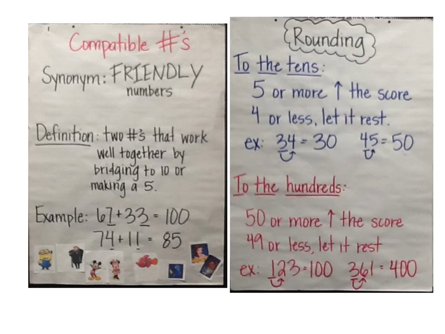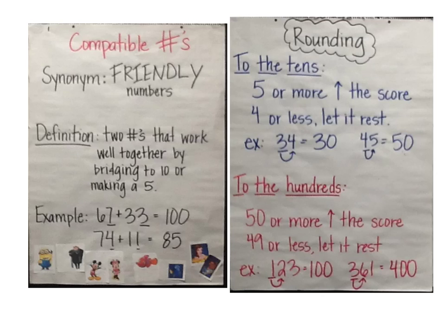So in our examples, 34, I would look to the ones place, and since that's a 4 or less, I'm going to let my tens value rest at 30. 45 is hard because it comes exactly in the middle of 40 and 50, so you really need to rely on your rule that since there's a 5 or more in my ones place, you'd raise the score to the next tens place, which would make 45 into 50.